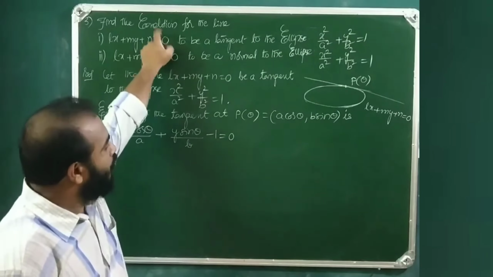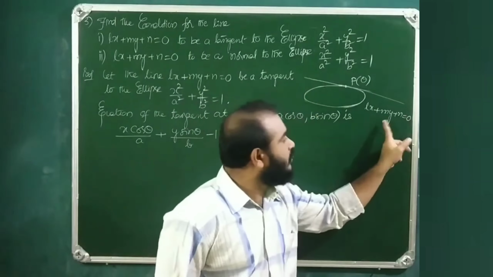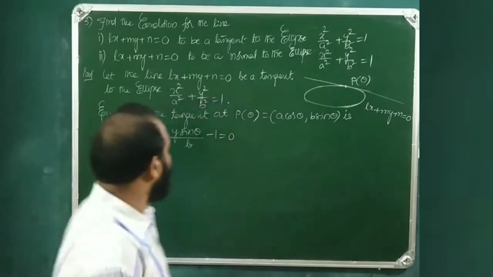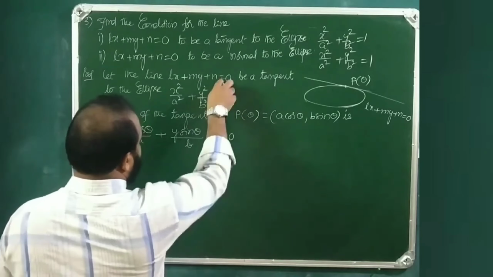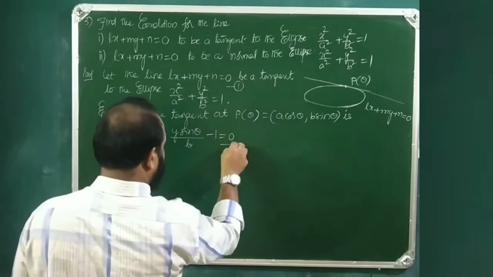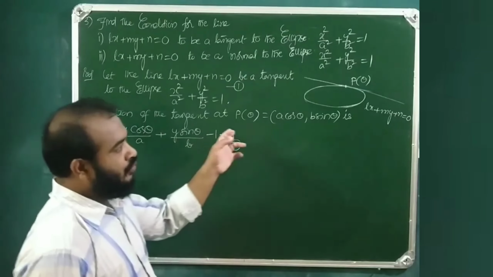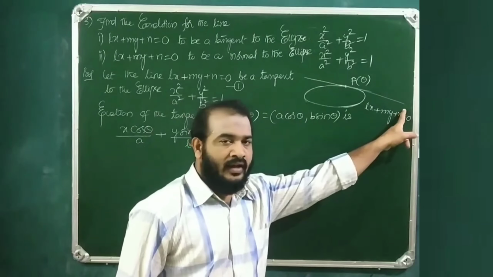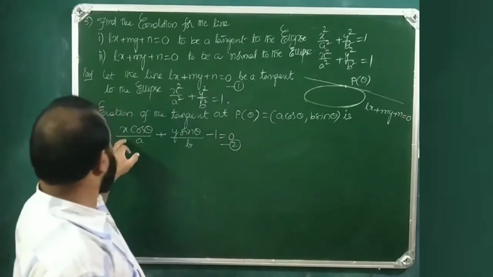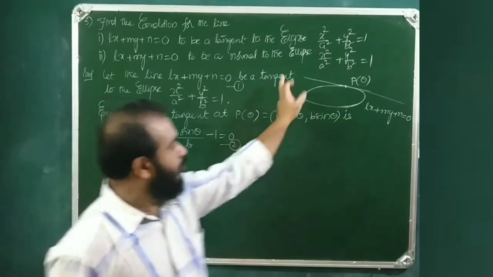But according to the problem, the same line is Lx plus my plus n equals to 0. That means, this and this. According to the concept, this is x cos theta by a plus y sin theta by b equals to 1.